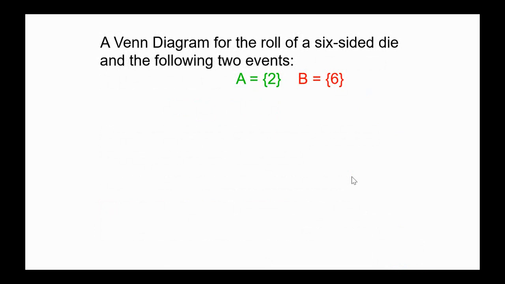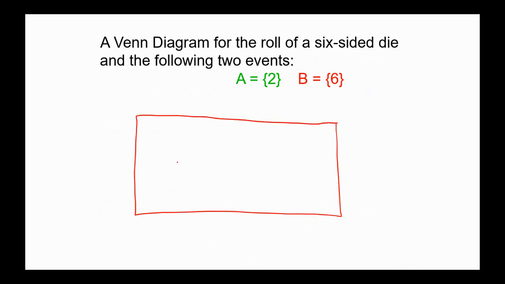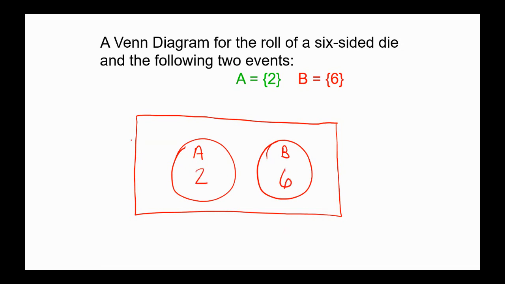So if we were to draw a Venn diagram for them, the circles would be totally separated from each other. This would be A, this would be B. A gets a 2, B gets a 6, and then we just sprinkle the rest around the outside of them. 1, 3, 4, let's see, 5.